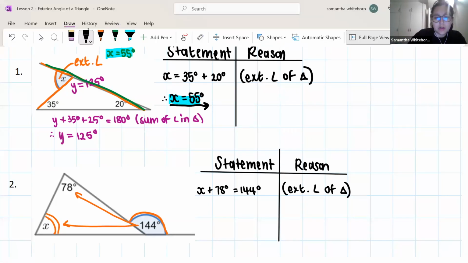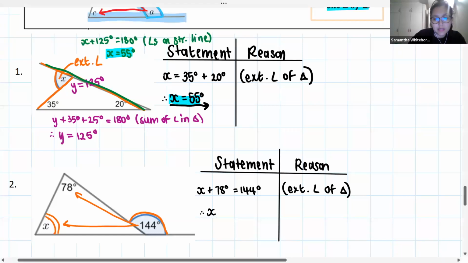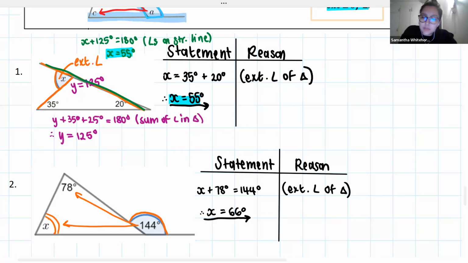We're now going to solve our equation, so we're going to subtract 78 on both sides, and so X is equal to 66 degrees. So guys, not harder, because we've now got the exterior angle and we almost have to work backwards to what the two interior angles are. Definitely not harder. Just bear it in mind when you set up your equation, because as you can see, your equation looks a little bit different to what it did in question 1.